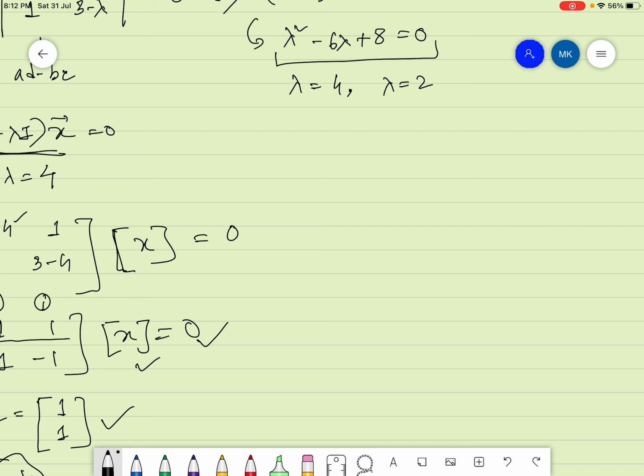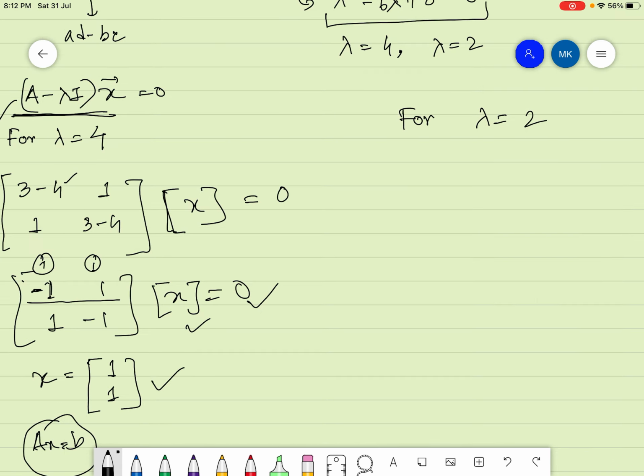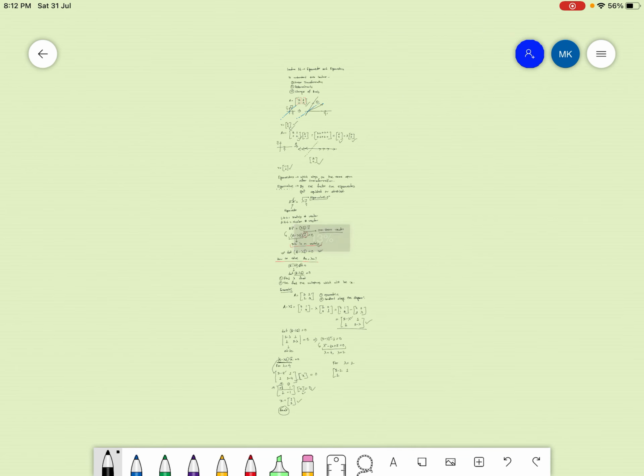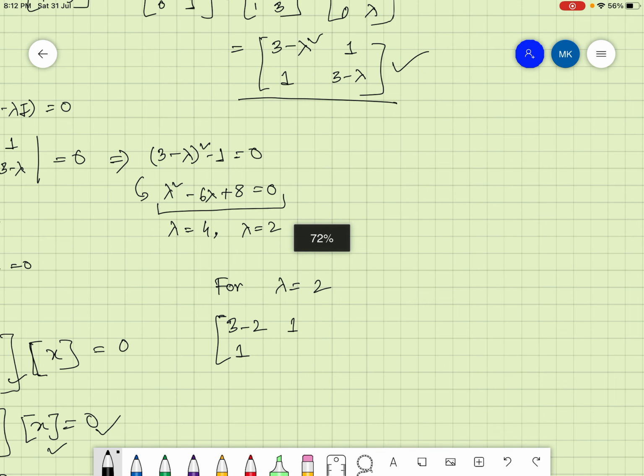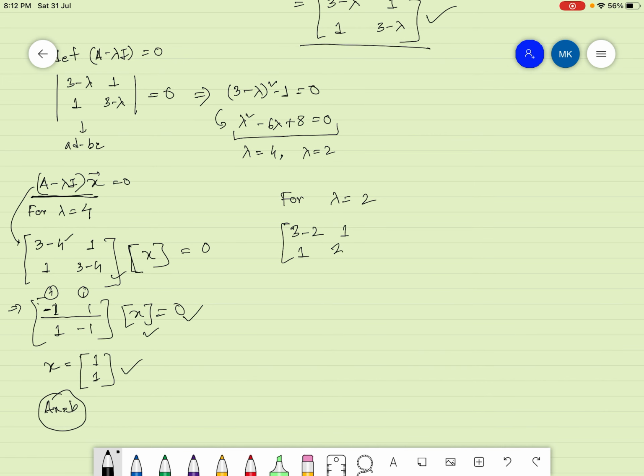And for lambda equals 2, this matrix would be [3-2, 1; 1, 3-2], times x equals 0.